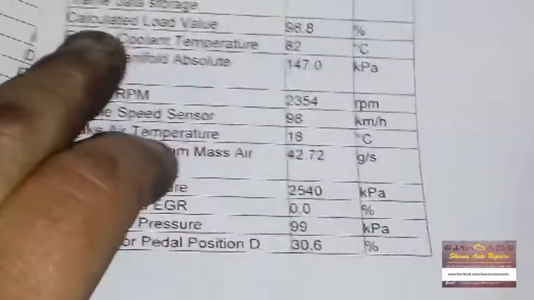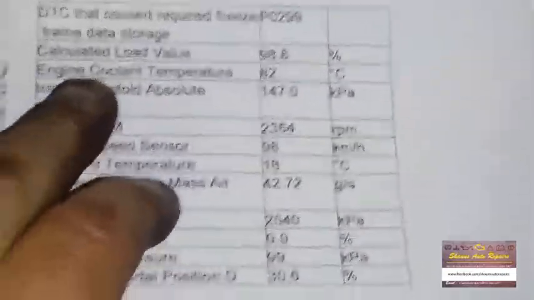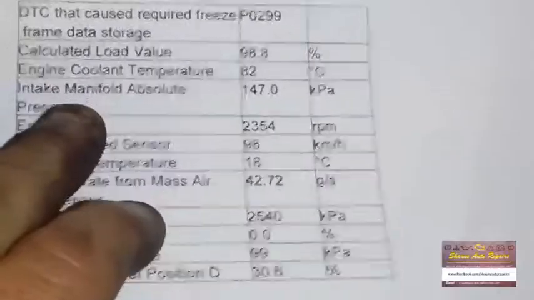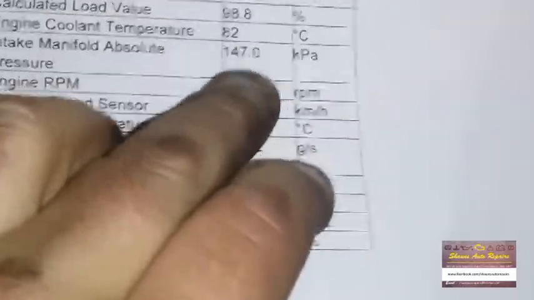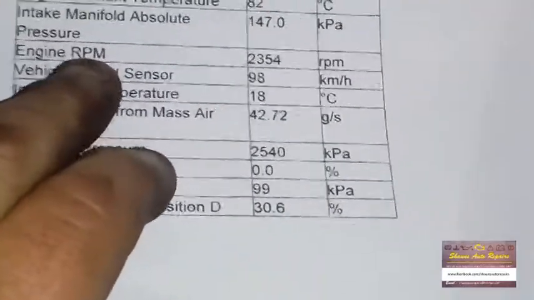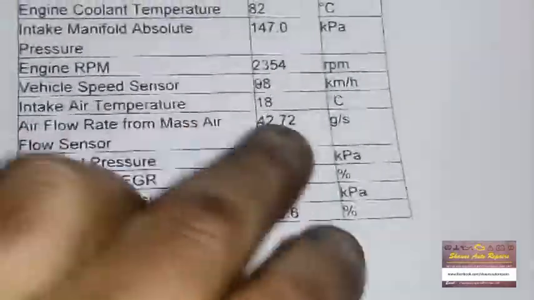When we look at the freeze frame data, we can see we had a calculated load of 98%. Engine coolant was 82 degrees, so it's near enough up to top operating temperature. Intake manifold absolute pressure was 147 kilopascals, so that is like underboost. Engine RPM was 2,300. Vehicle speed was 98 kilometers an hour.